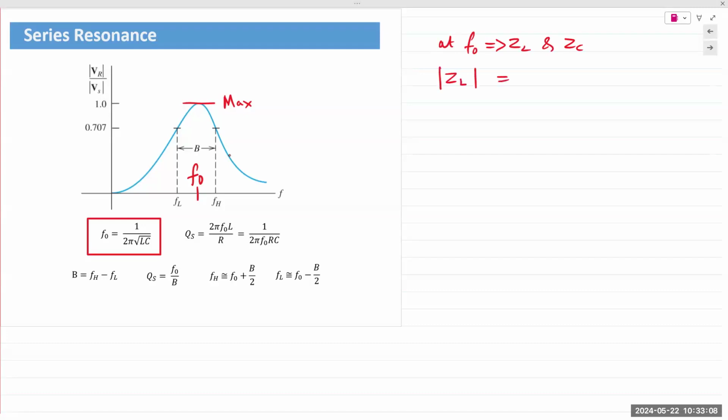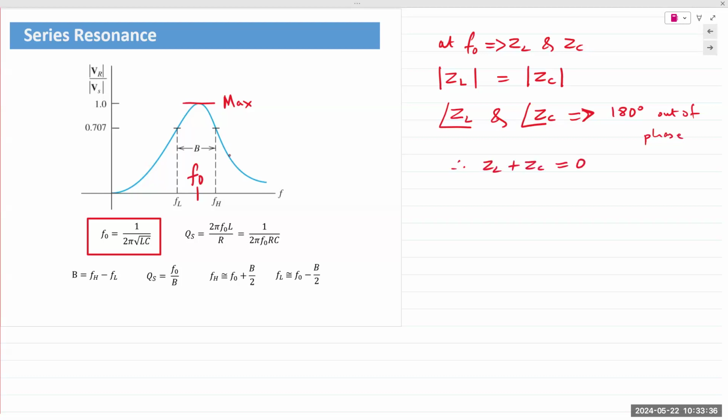The magnitude of ZL is equal to the magnitude of ZC, and the phase of ZL and the phase of ZC are 180 degrees out of phase. Therefore, at F0, ZL plus ZC goes to 0.